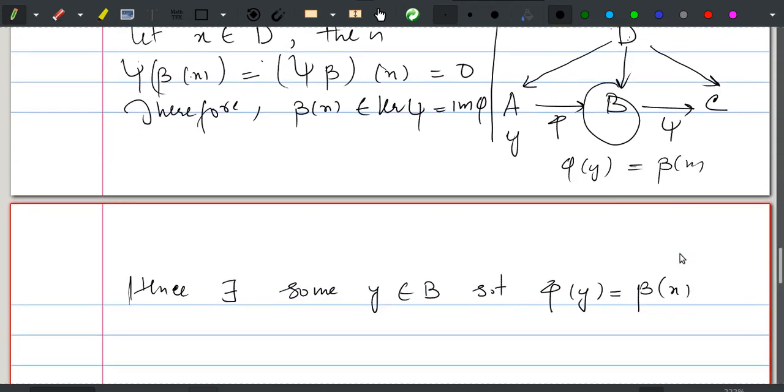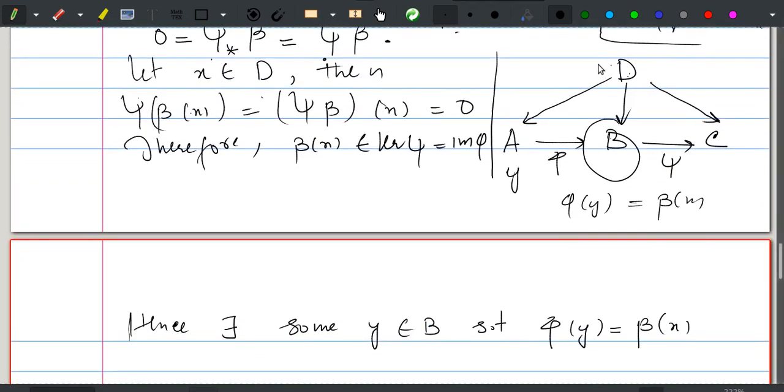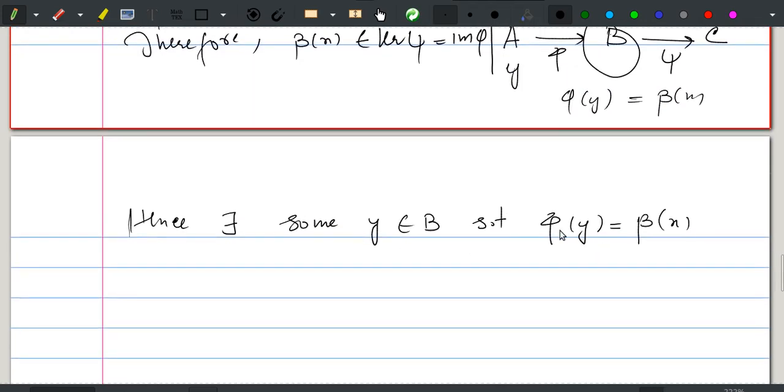Now let us see what we did here. We chose some element x in D and we got an element y in A. That means there is some map from D to A, and we have to exhibit that map. By choosing an element x in D, we get an element y in A, related by phi of y equal to beta of x.